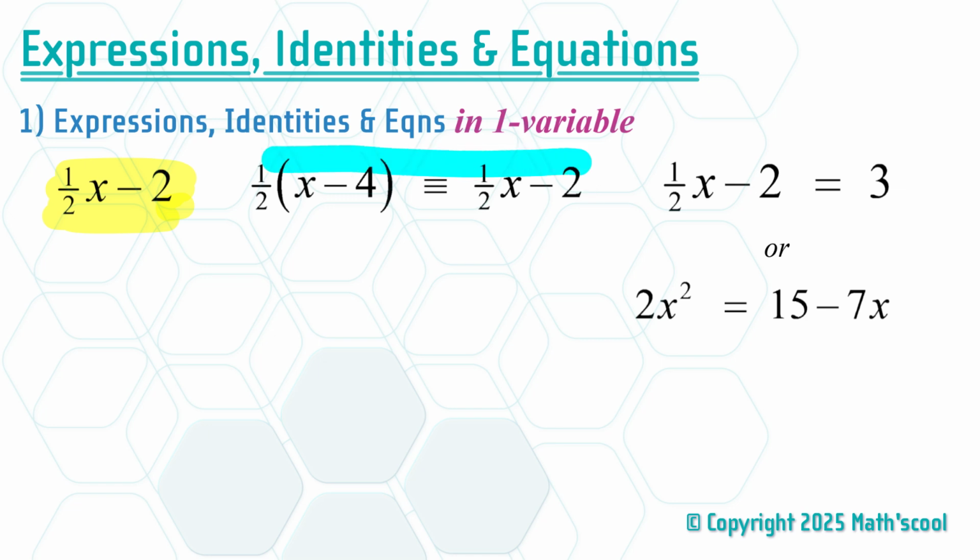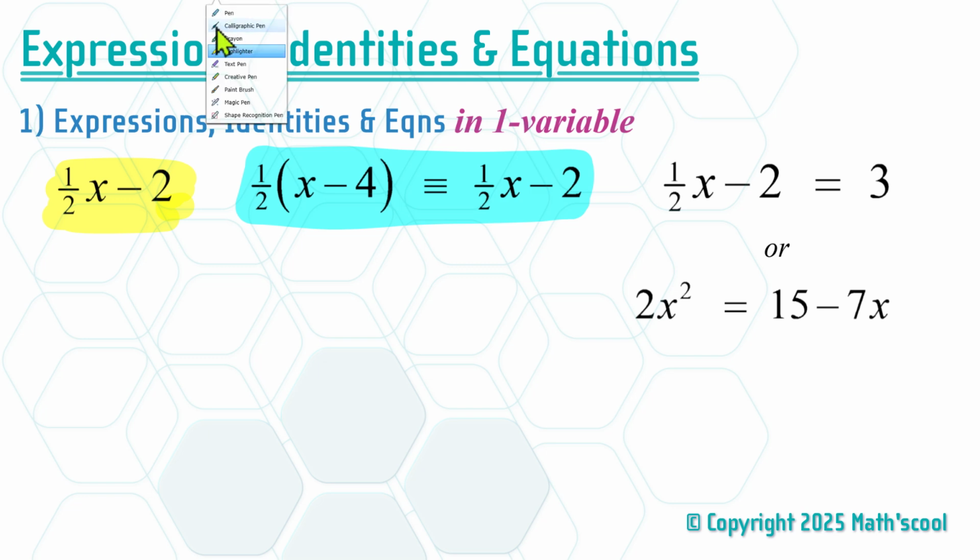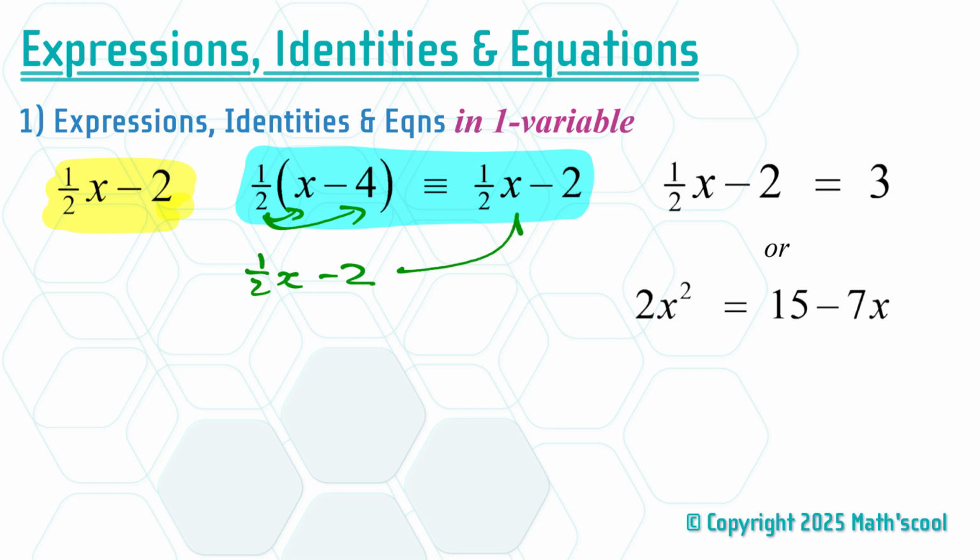This here is an identity. And what that means is that the left-hand side and the right-hand side are identical. They're just two different ways of saying exactly the same thing. So, for instance, if you were to take the left-hand side of this and multiply it out, it will give you a half x minus 2, which matches that.